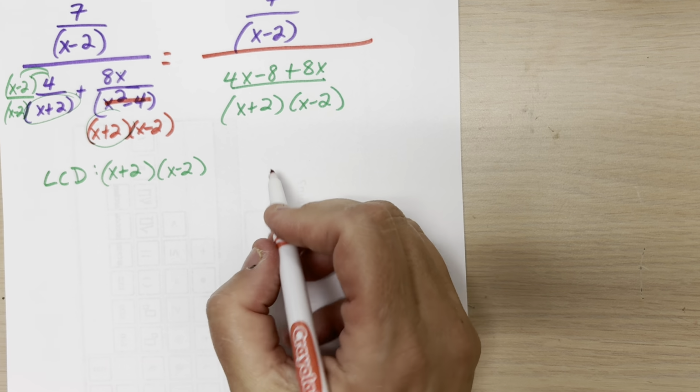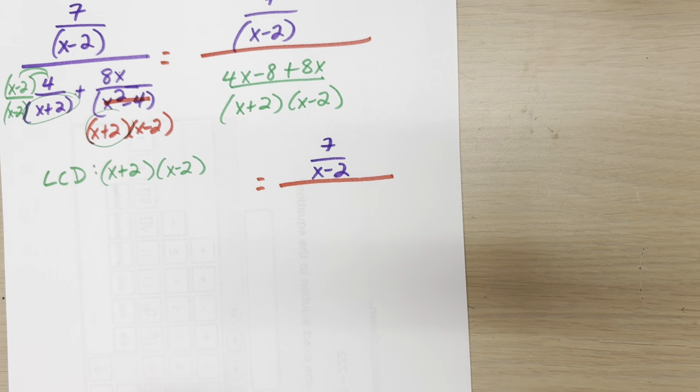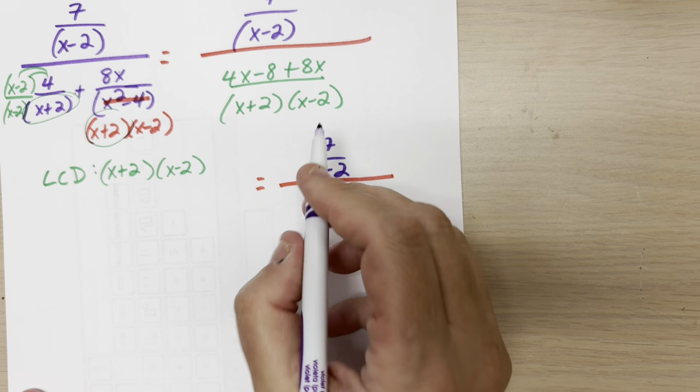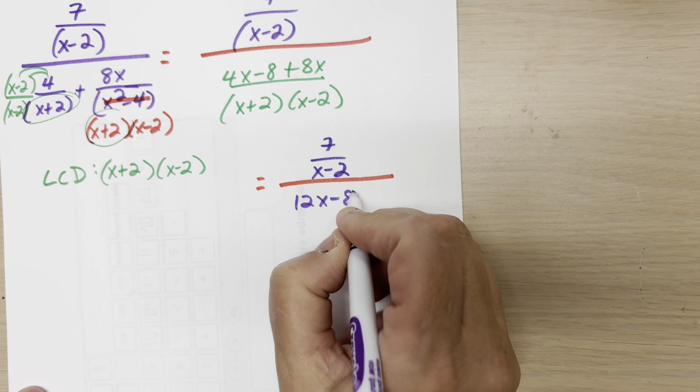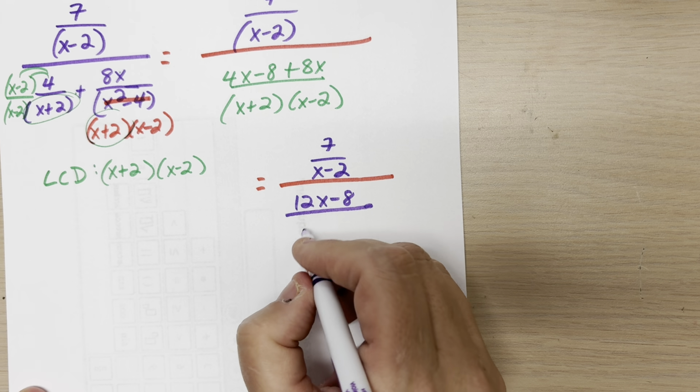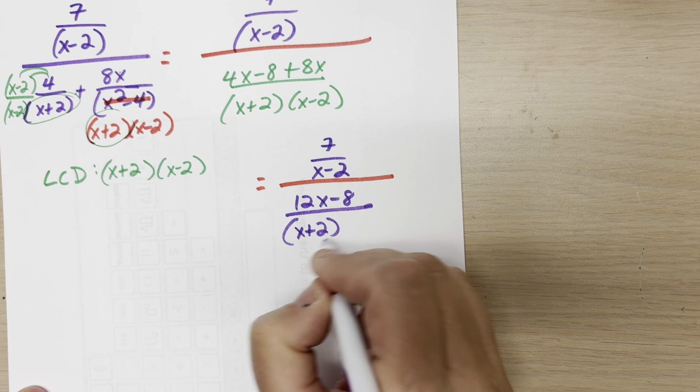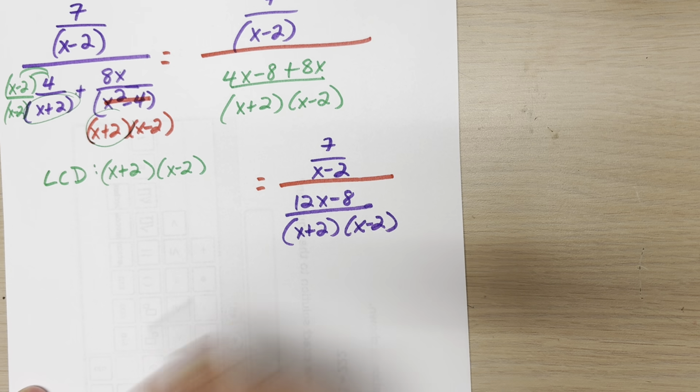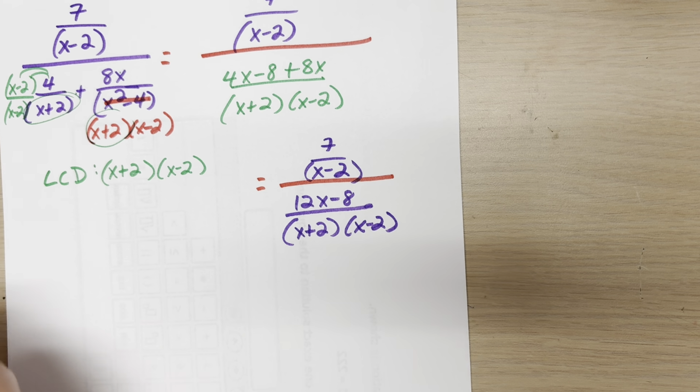So I can't do anything with this nonsense up here. 7 over x minus 2. I have a 4x and an 8x, that's a 12x minus 8. That is over x plus 2, x minus 2. Now, you may know this little shortcut to reducing things.